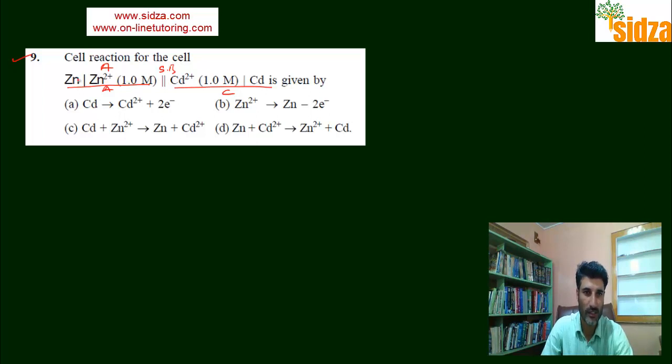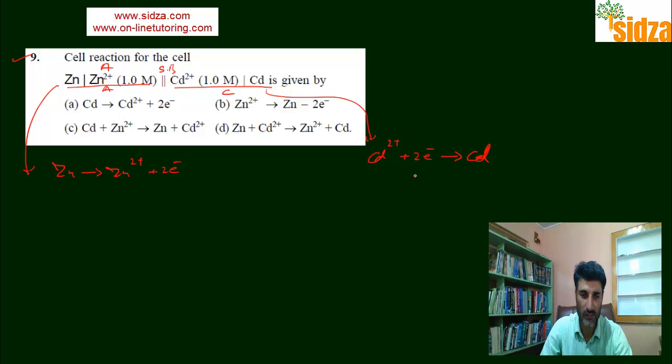The reaction at the anode will be zinc converted into zinc 2+ ions and 2 electrons. At the cathode, the cadmium 2+ ion gains 2 electrons and forms cadmium.